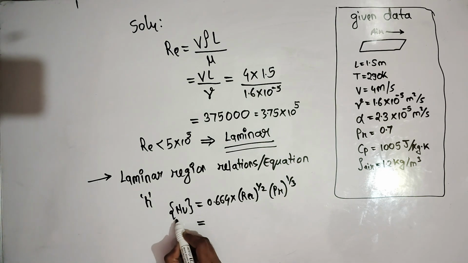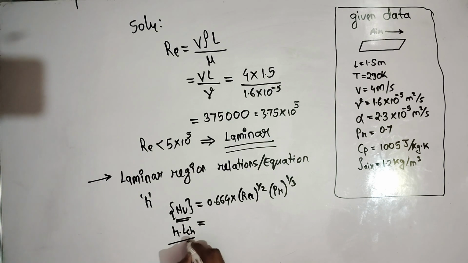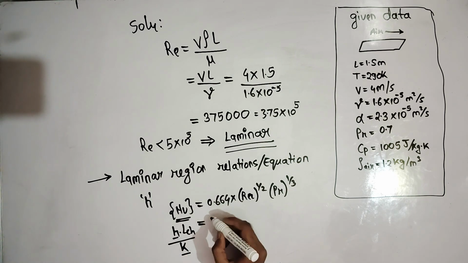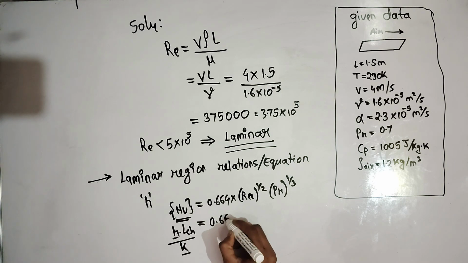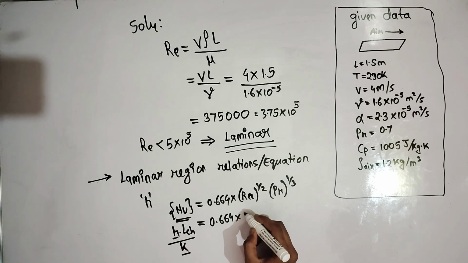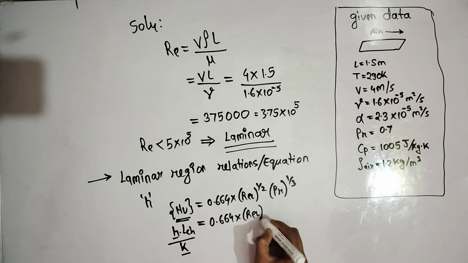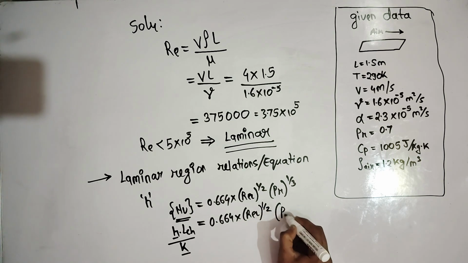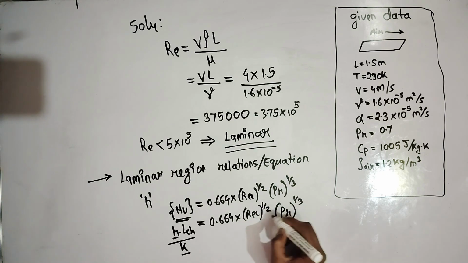Here we will substitute the formula for Nusselt number, which is h L_ch by k. Here k is the thermal conductivity, h is the heat transfer coefficient, and L_ch is the characteristic length, which equals 0.664 into Reynolds number to the power 1 by 2 and Prandtl number to the power 1 by 3.